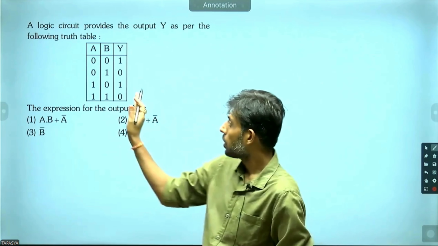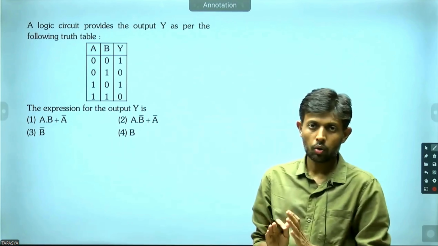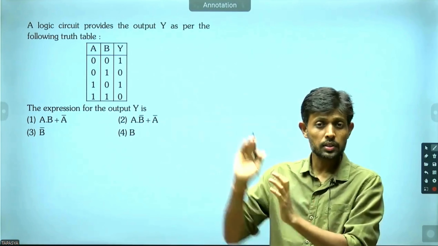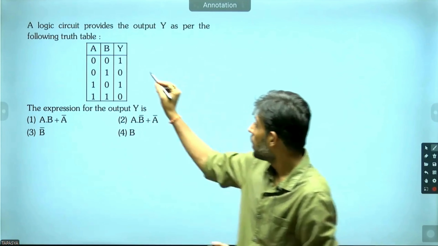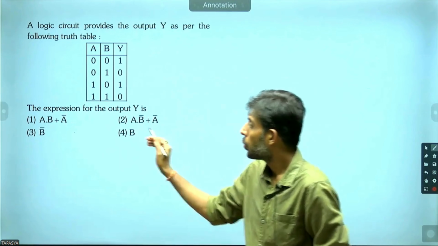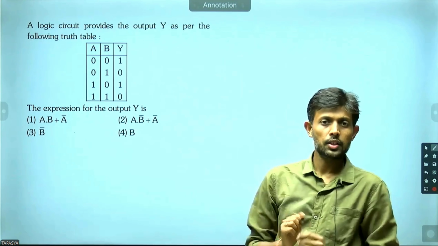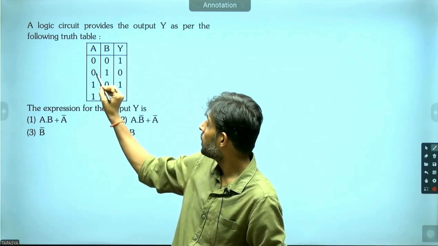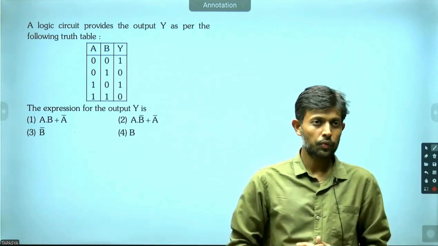Whatever that circuit is, we do not know. All we know is the truth table: what the inputs are, and what the output is. The expression for the output would be which of these four options? That's what we have to identify. We know A, we know B, and Y is what we have to find out.